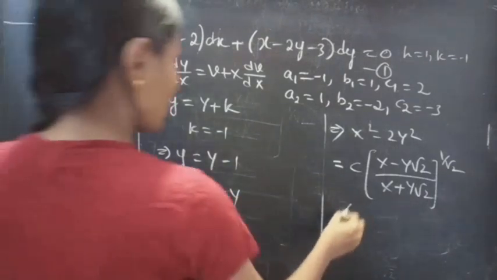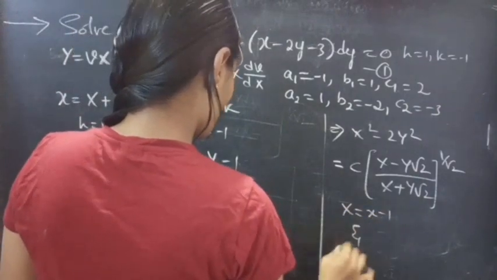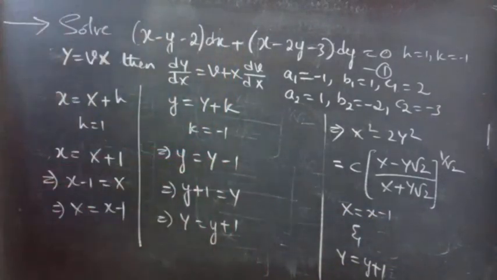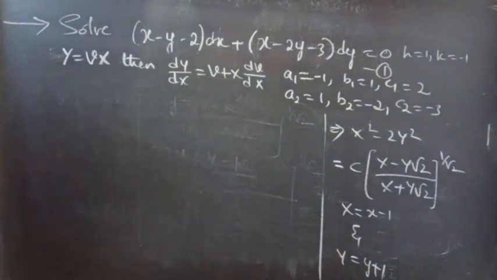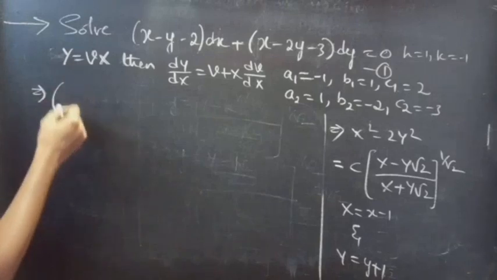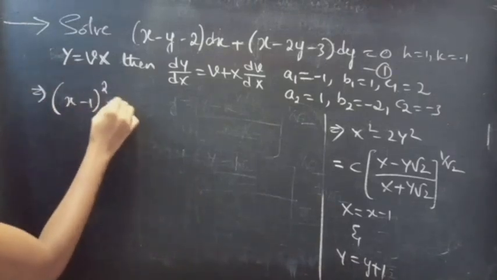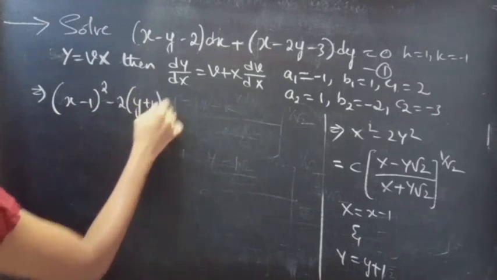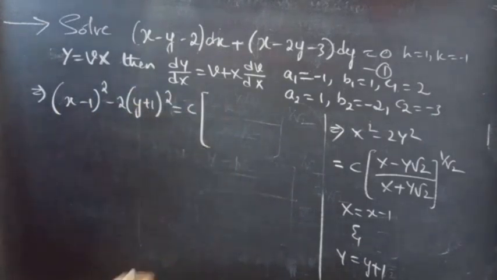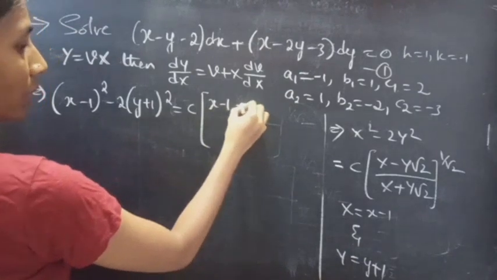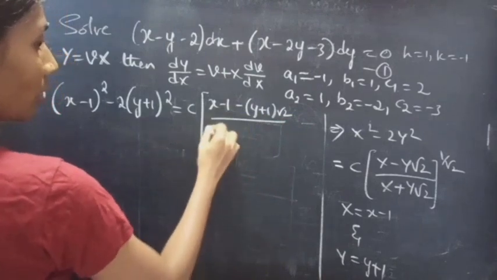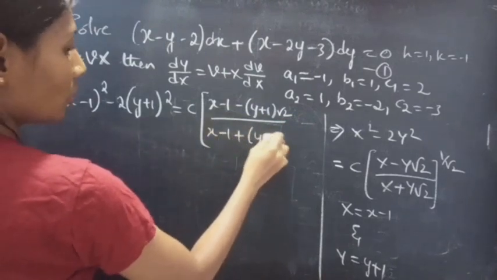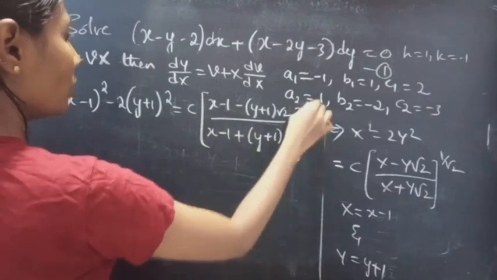Now replace x by x minus 1 and y by y plus 1. Then you'll get (x minus 1) whole square minus 2 times (y plus 1) whole square equals c times ((x minus 1) minus (y plus 1) into square root of 2)/((x minus 1) plus (y plus 1) into square root of 2) for 1 by root 2.